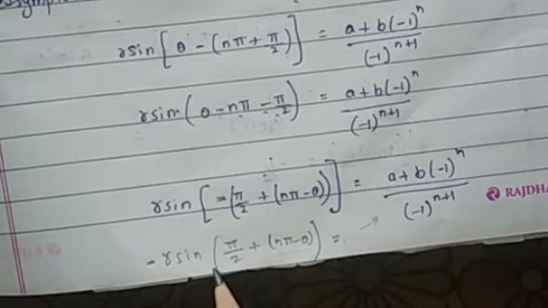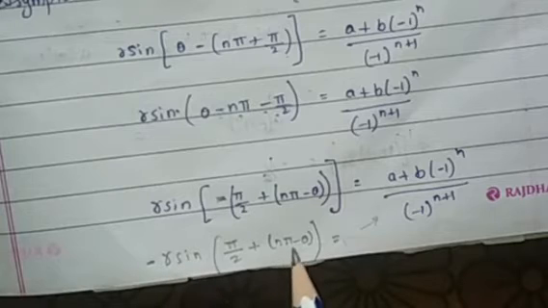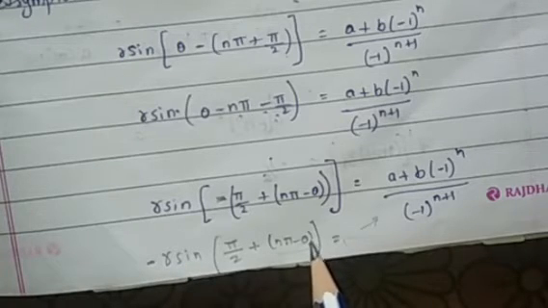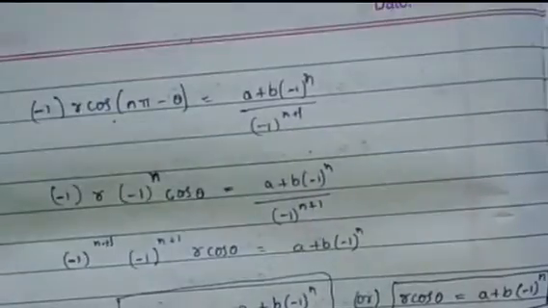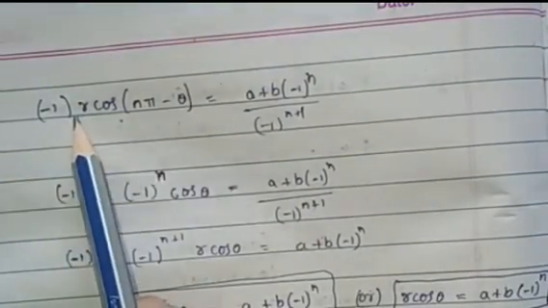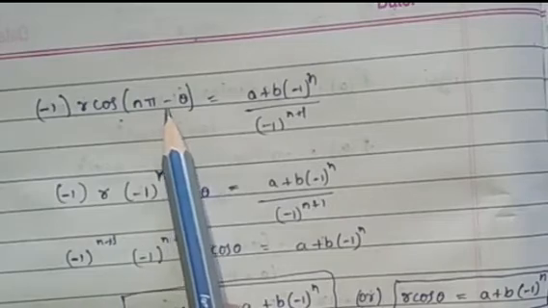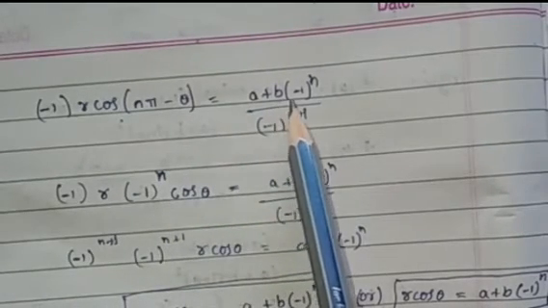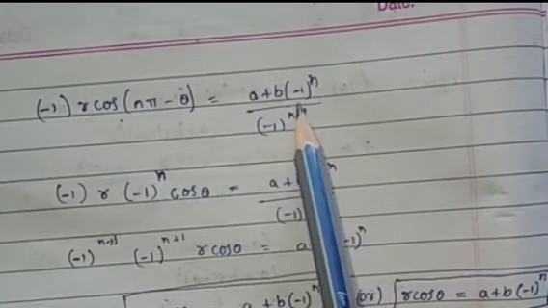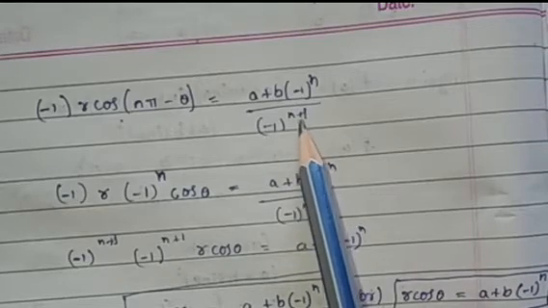In the second quadrant, sine is positive. You get minus r cos(n pi minus theta) in the next step. Okay, you get minus 1 into r cos(n pi minus theta) which is equal to (a plus b) into (minus 1) to the power n by (minus 1) to the power n plus 1.